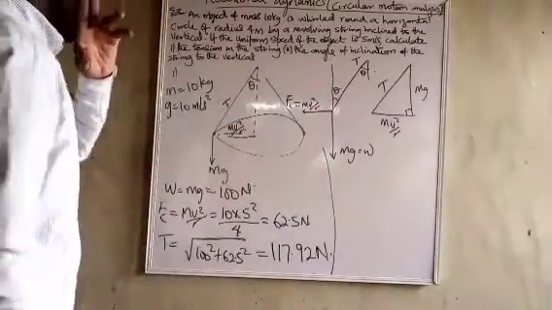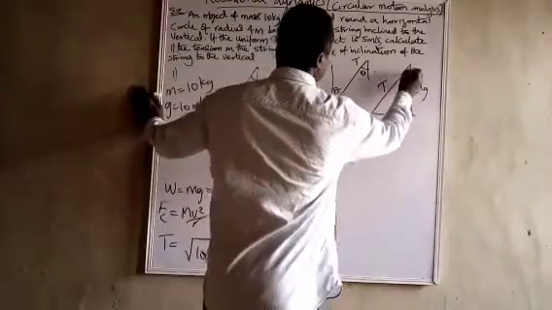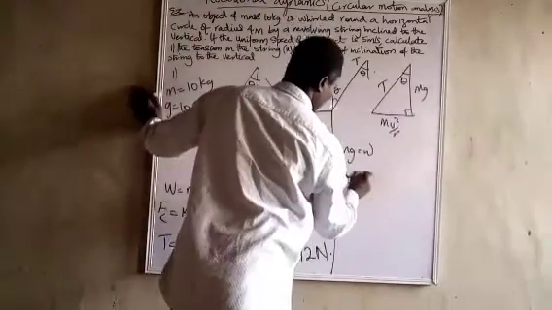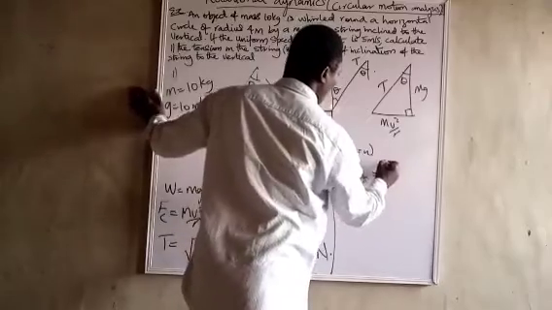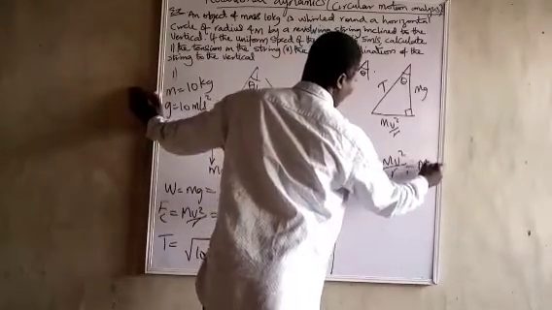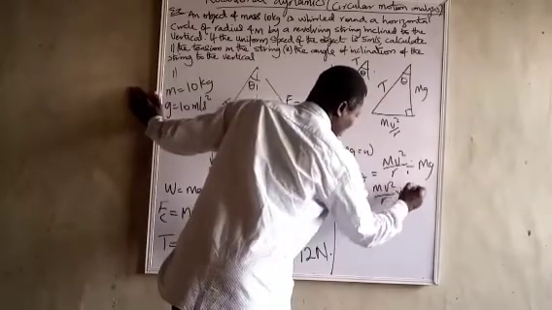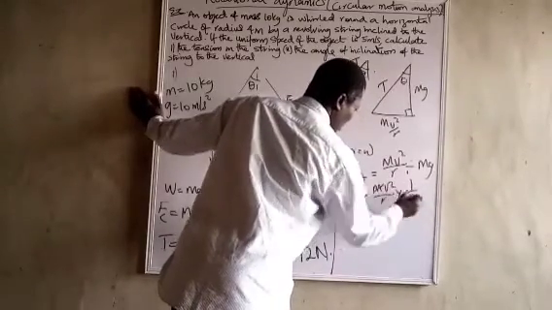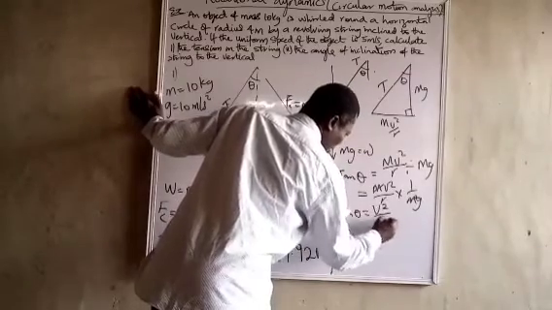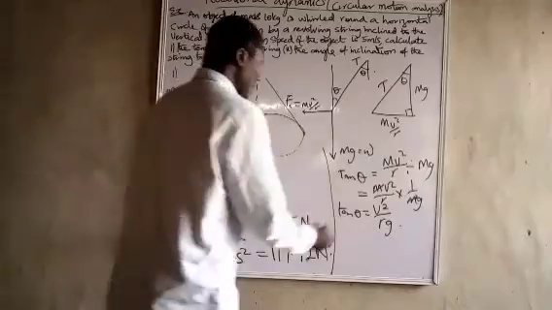We are also asked the angle. So if you look at this, tan theta is equal to mv squared over r divided by mg, which is equal to mv squared over r times 1 over mg. So if you cancel this, you will see that tan theta is equal to v squared over rg. We have established this one also before. So let's find what tan theta will be.